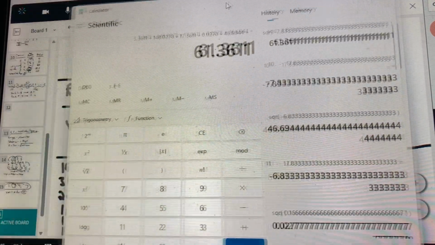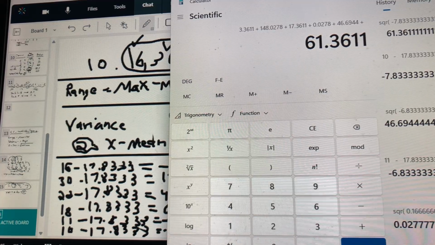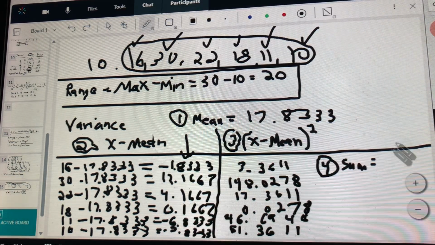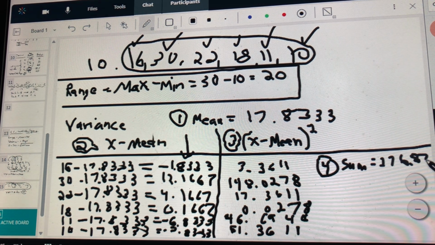And I am rounding these, so there's a slight issue that this rounding may cause in the end, but that's the best we can do with messy decimals. So 276.8333. Just put a bar here because I can't write it all down.